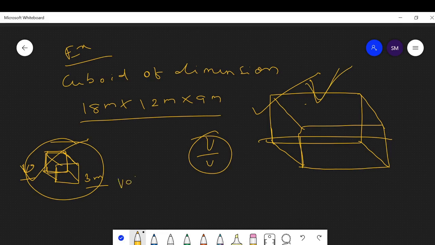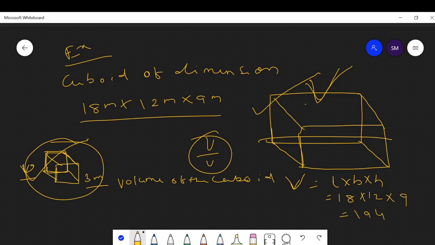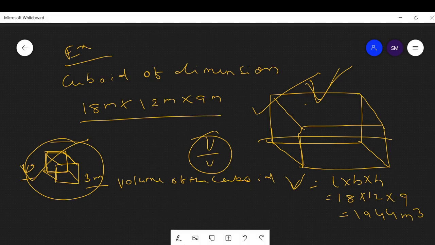Here volume of the cuboid, capital V, is equal to length into breadth into height, which is equal to 18 into 12 into 9. By multiplying this, we get 1944 meter cube.